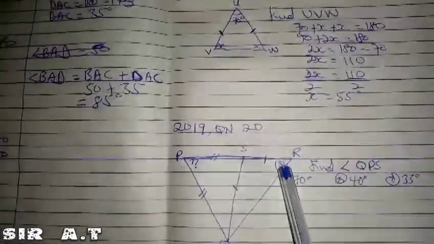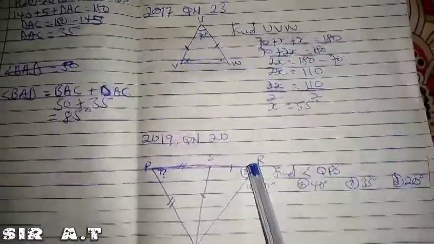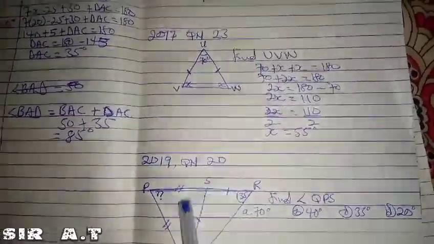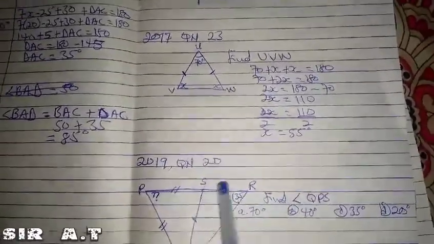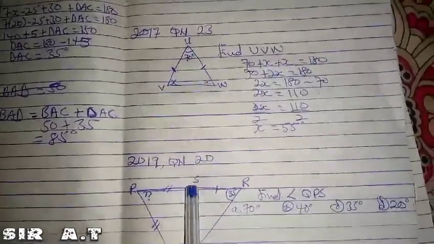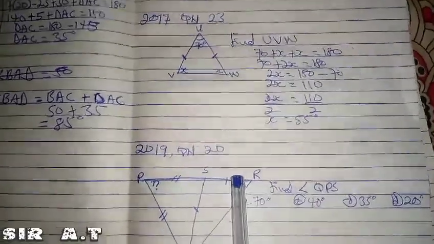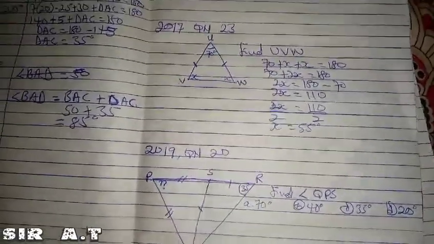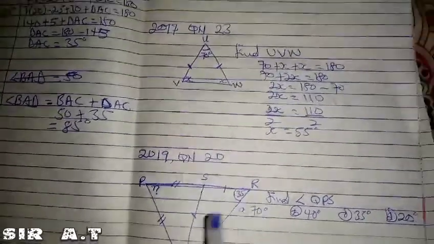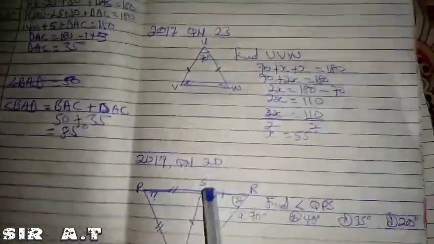We are given this isosceles triangle, and I've told you that where the two equal lines are meeting is the odd one. So this and that are the base angles, and they are equal.